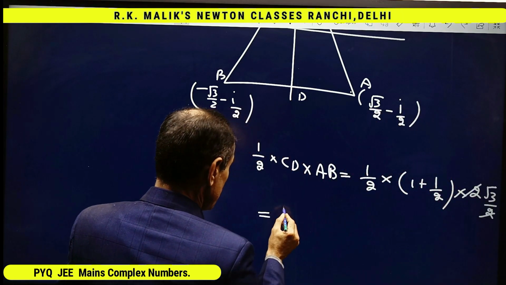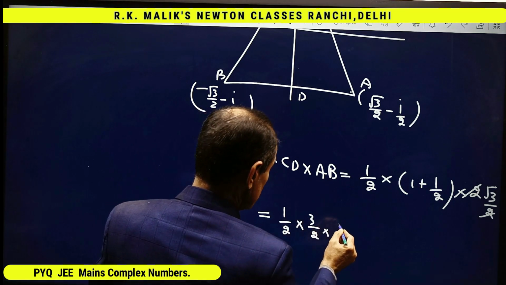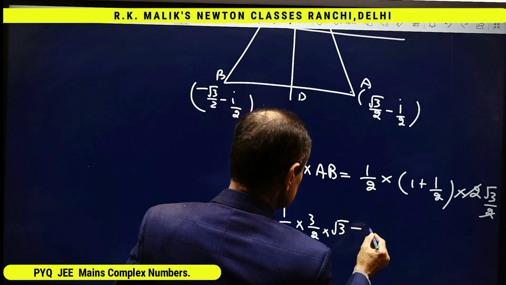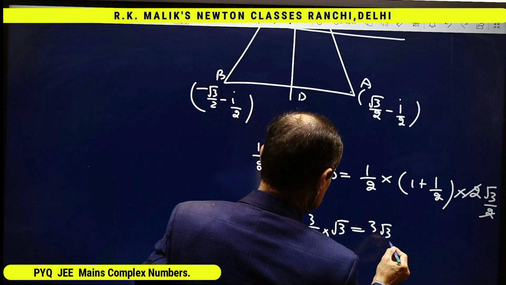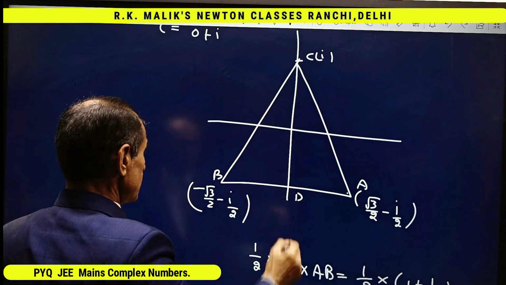That is, I get 1 by 2 into 3 by 2 into root 3, that is 3 root 3 by 4 is the area of this triangle.